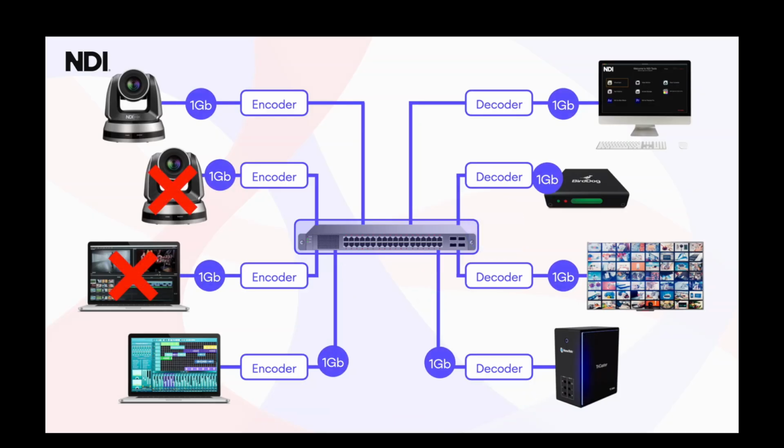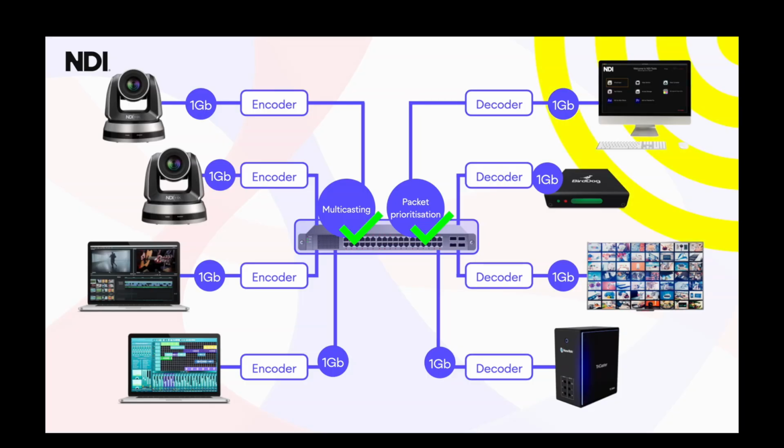Not all network components are capable of handling AV over IP, so these must be checked and, if necessary, replaced. AV over IP requires your network switching hardware to support key features such as multicasting and packet prioritization to support NDI traffic and reduce potential interference from other network activities.